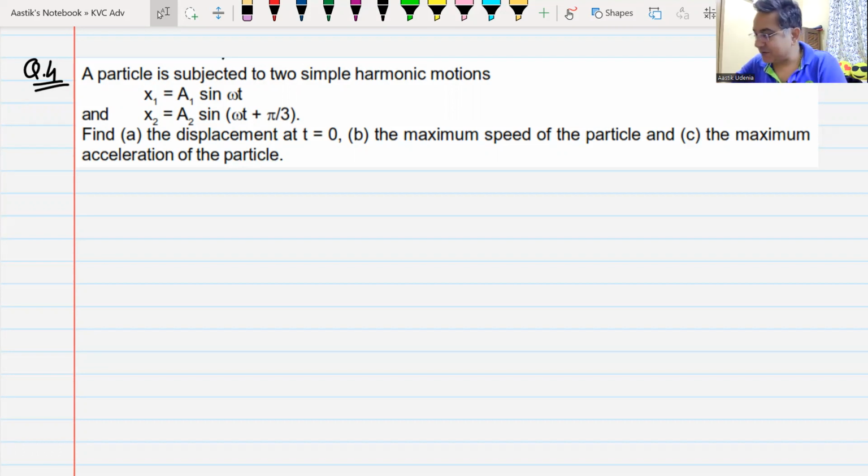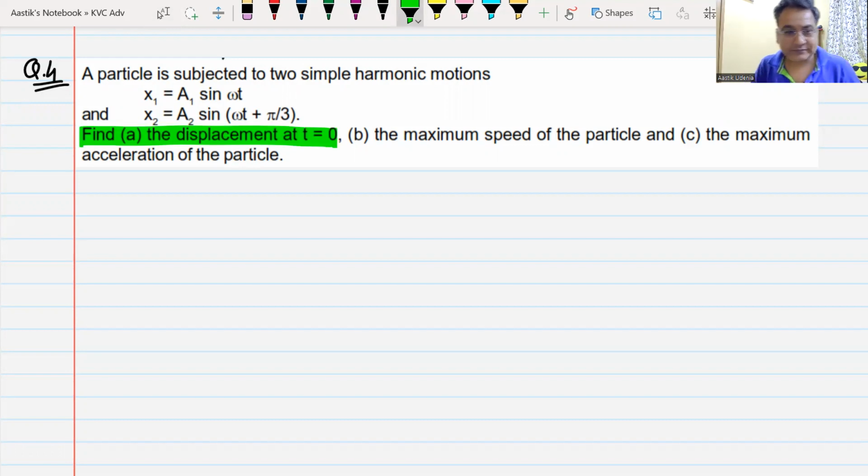Now, remember the question they've asked: find the displacement at t is equal to 0. What you have to find out? Say again. Displacement at?